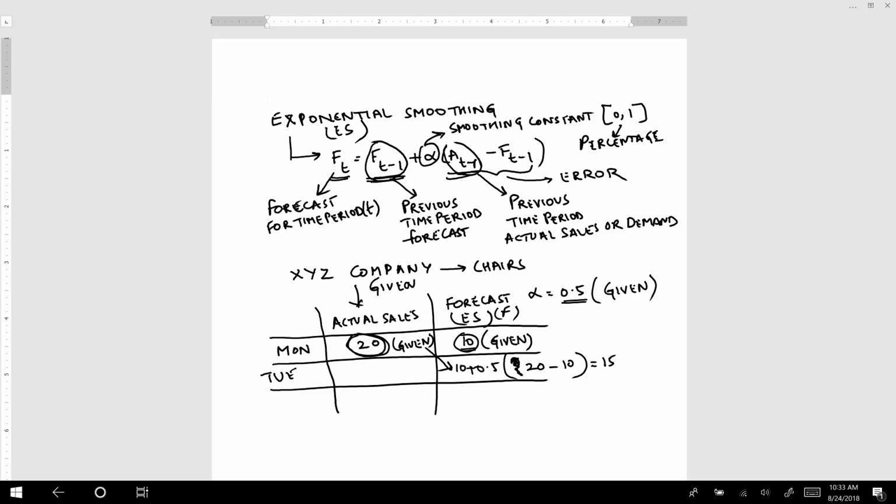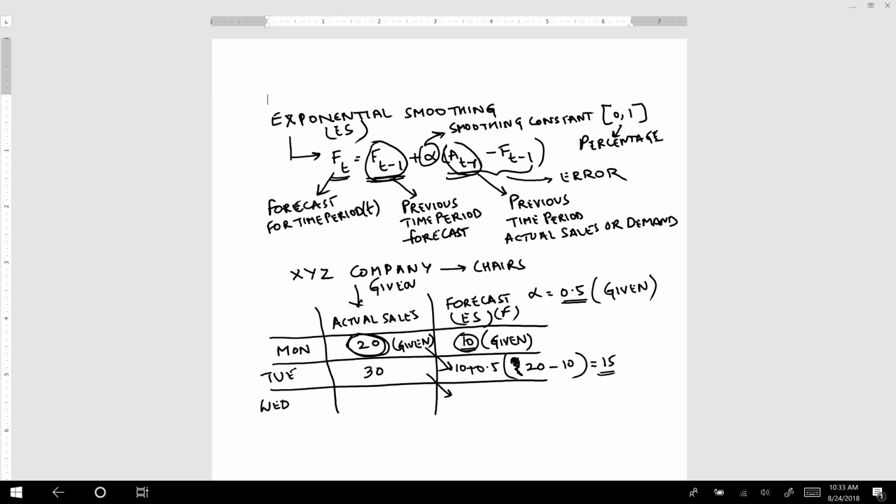Once we have this, at the end of Tuesday we will get the actual value of Tuesday's sales. Suppose the actual value is 30. I can predict Wednesday, right?